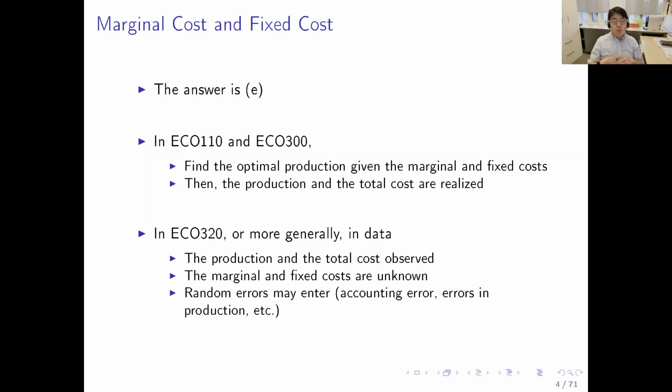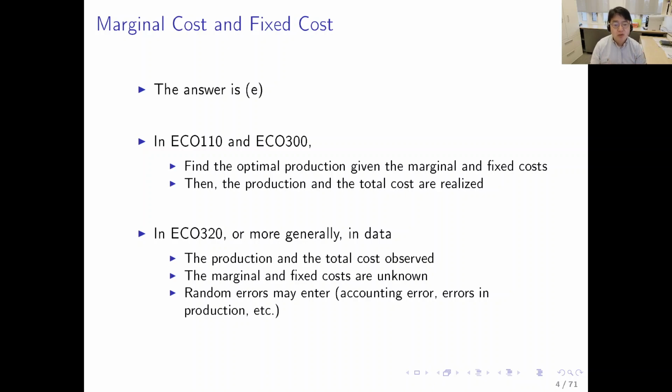But what we are doing in this course is the other way. In practice, in reality, we don't observe the cost parameters. When you buy a smartphone, I don't know how much its marginal cost is, and I don't know how much the average cost is when Apple makes iPads or iPhones.